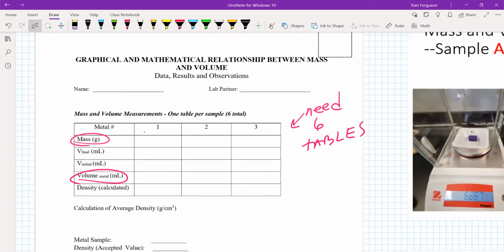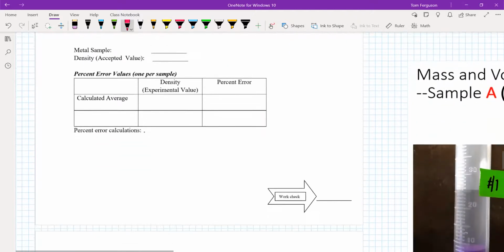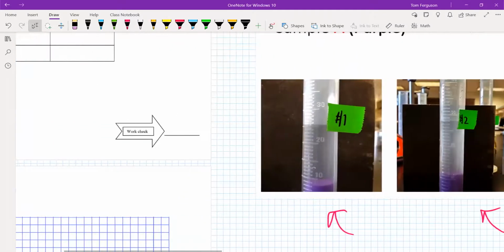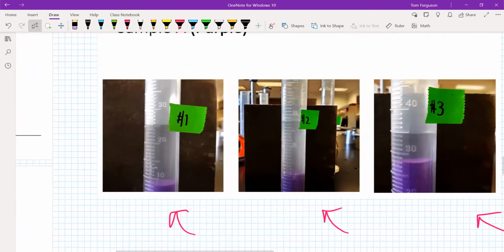Each time we're doing volume, we're going to always start with 20 milliliters. And then we're going to dump in our metal or whatever, and the volume is going to go up. The amount the volume goes up is the volume of the object we threw in the water.